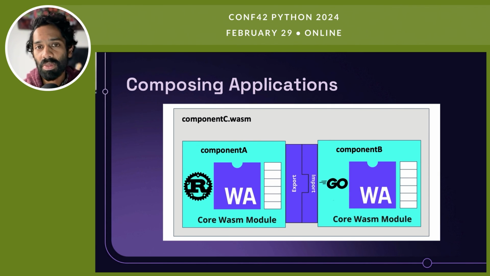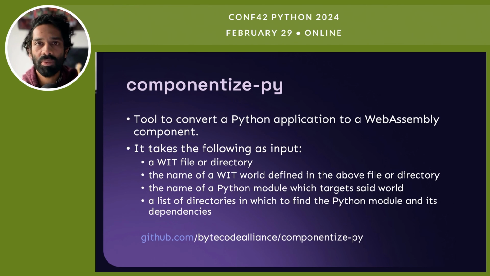With Python specifically, I want to shout out the work done on something called componentize-py, which is a tool to convert a Python application to a WebAssembly component, right? It takes something called a WIT file, or a wasm interface type file, which determines the imports and exports. It takes the name of something called a world, which is a very abstract concept, but a place where these imports can export and those exports can import.